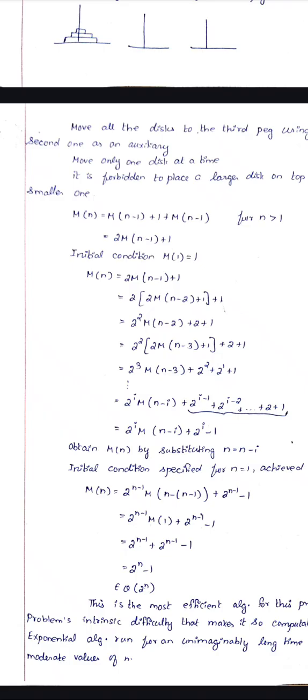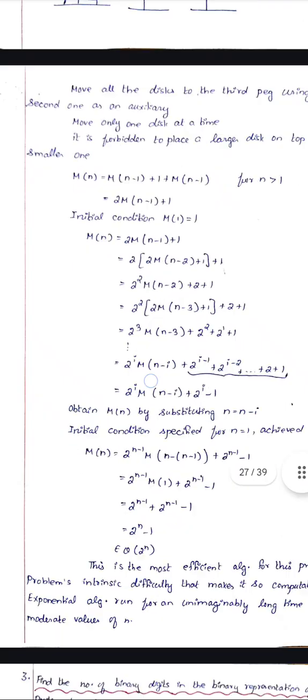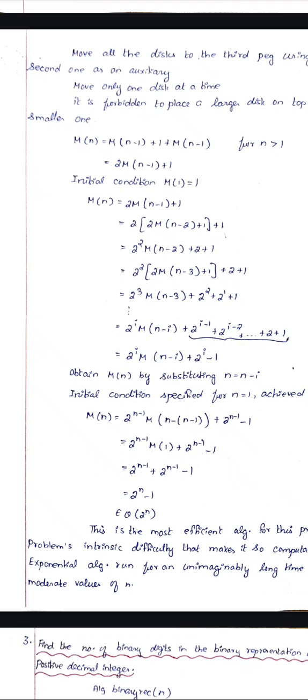If we want to, into 2m of n minus 2 plus 1 plus 1, that will be equal to 2 square m of n minus 2 plus 2 plus 1, that is equal to 2 power 3 m of n minus 3 plus 1 plus 2 plus 1.